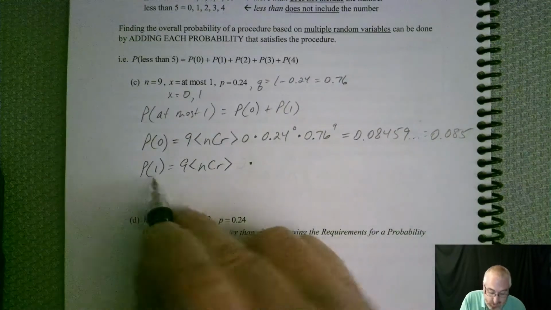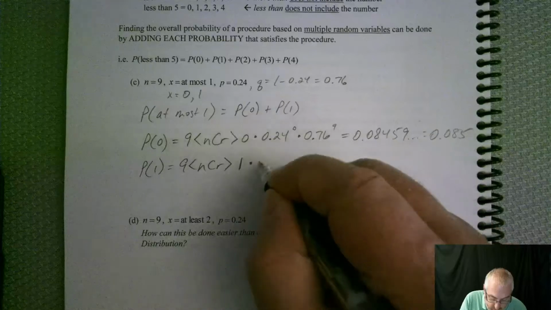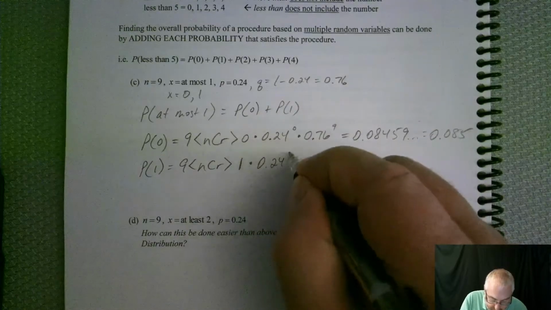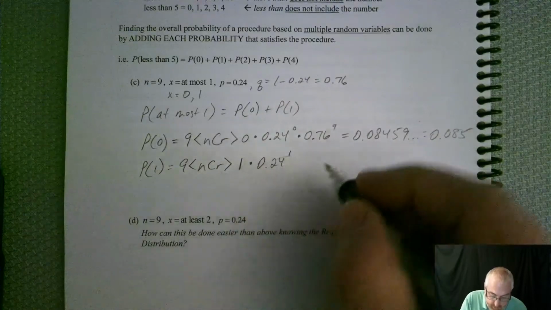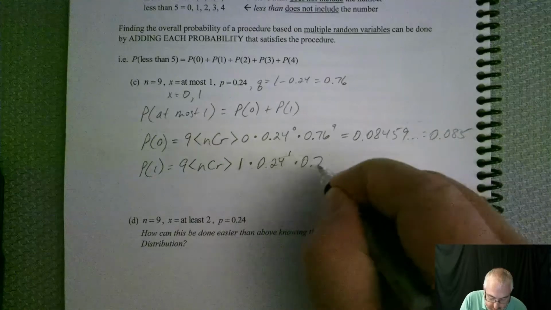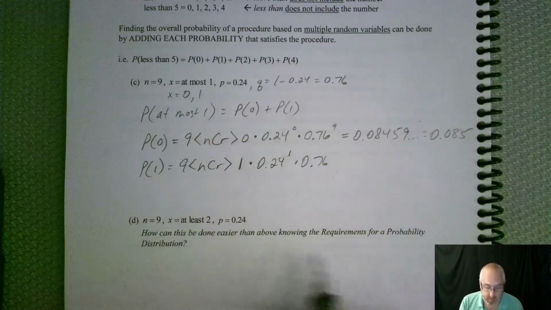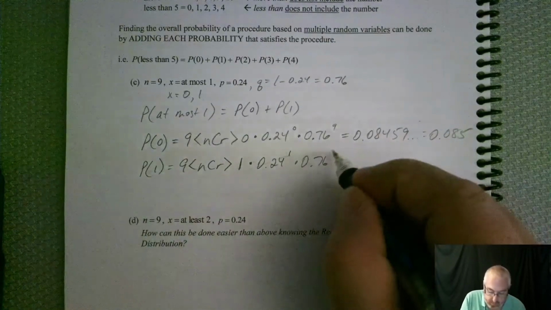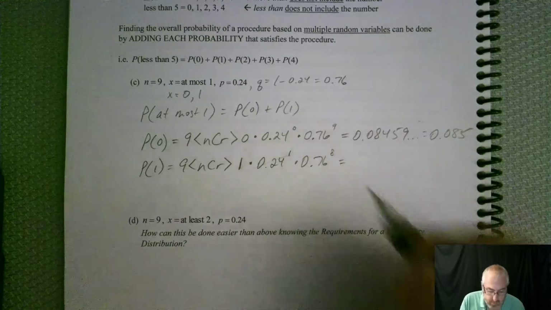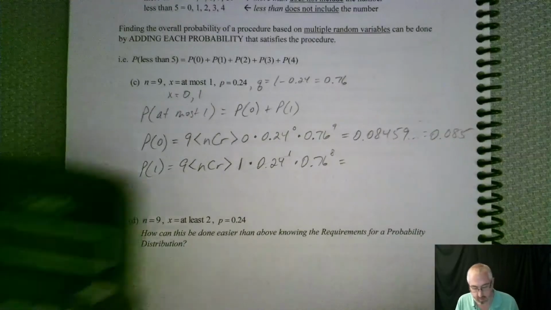So again, x is 1, so we want to make sure we have a 1 here. And again, the exponent must match. And then 0.76 to the, so again, 9 minus 1, which is 8. So let's see what this one's going to be.